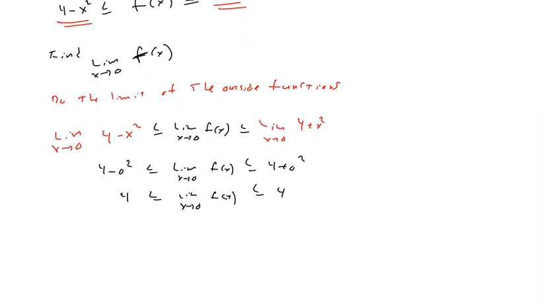And so now I see that the two outer limits are equal to 4. And so I would say by the squeeze theorem, the limit as x approaches 0 of f of x equals 4.